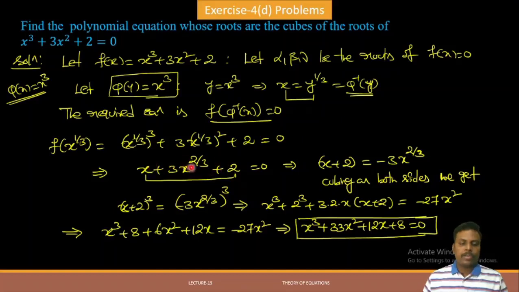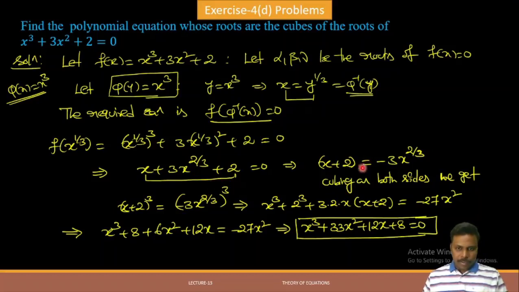For that, I have to separate out the rational powers of x and the integer powers of x. Suppose in this case we have cubed on both sides in order to get the integer powers of x. In other cases, we have to adopt other methods, sometimes cubing, sometimes taking power 4 on both sides, taking squares on both sides, all sorts of things you have to do.